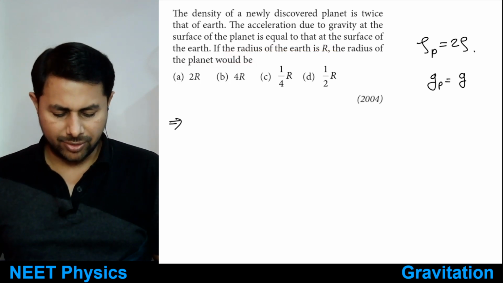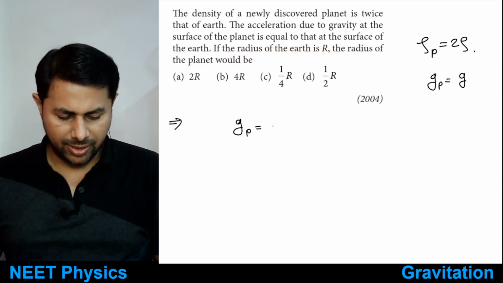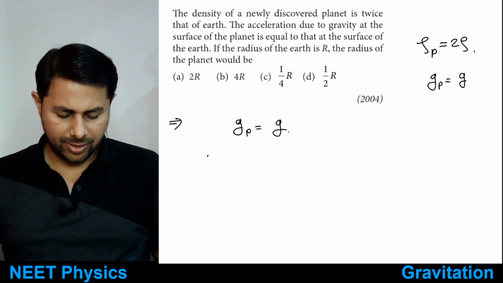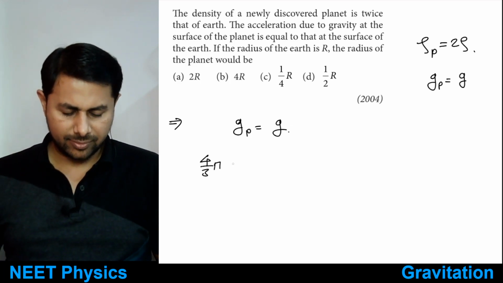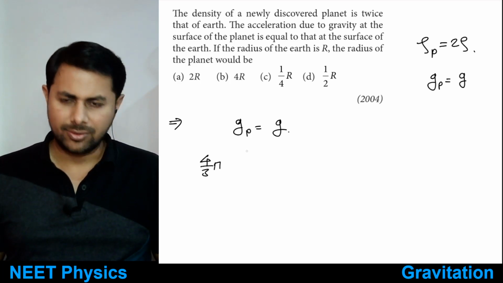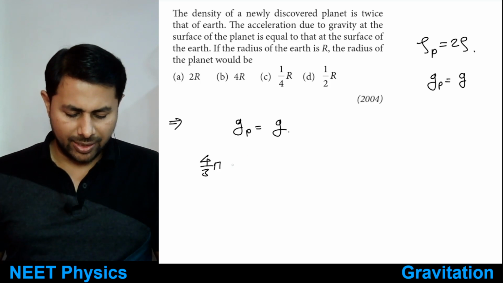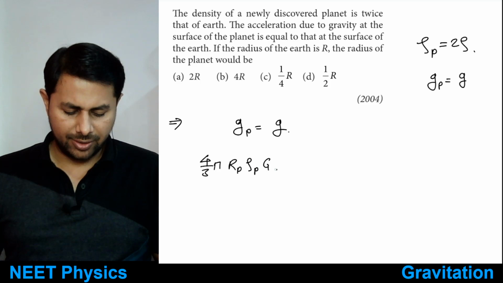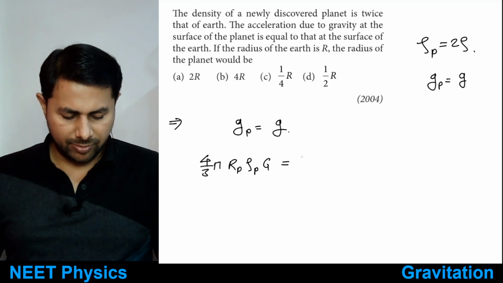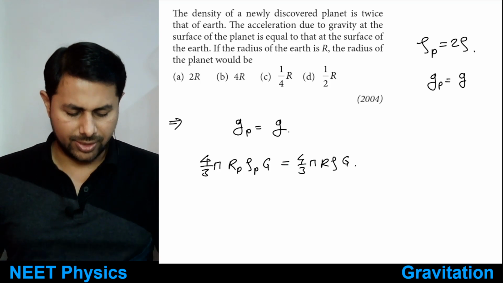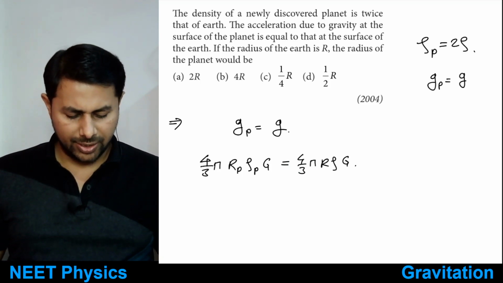Again, let's make use of that formula. So g p is equal to g, which is given. That means 4 by 3 pi, radius of planet, density of planet into G is equal to 4 by 3 pi r rho G. We need to compare these two.